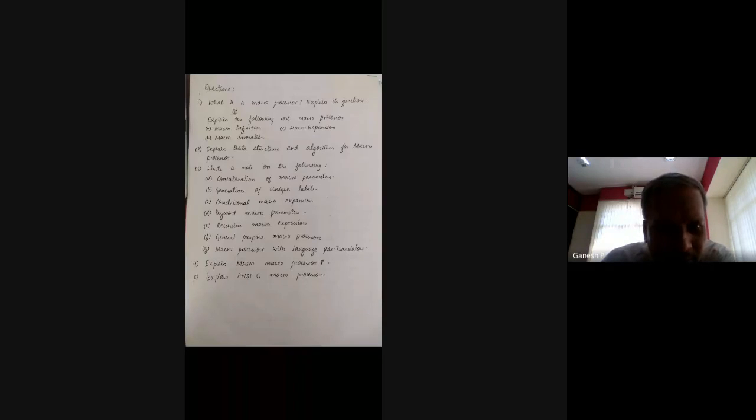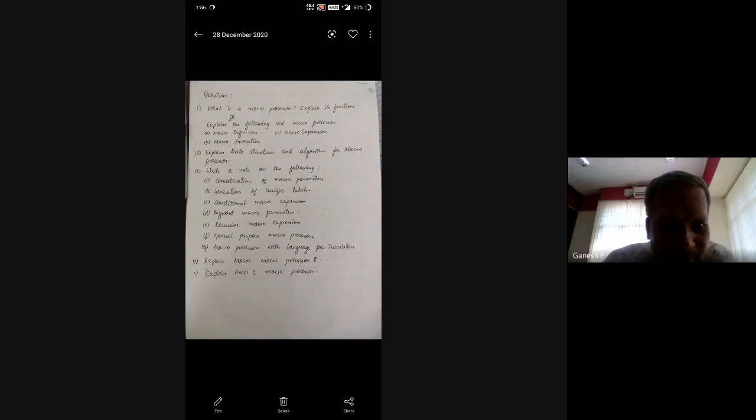Probably conditional macro expansion, that also we can take. Keyword also required. And the last one, macro processor with language translators. So concatenation, conditional, keyword, macro processors with language translators. These 4 we can keep for short notes.